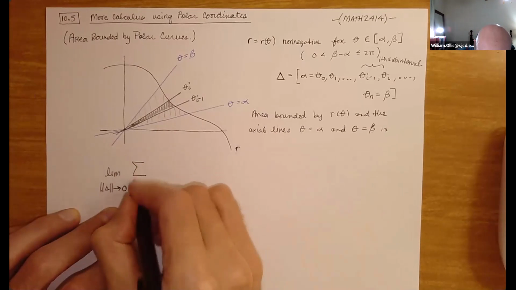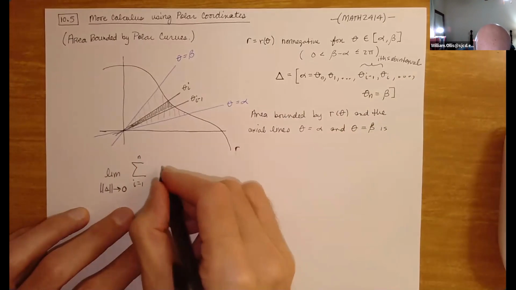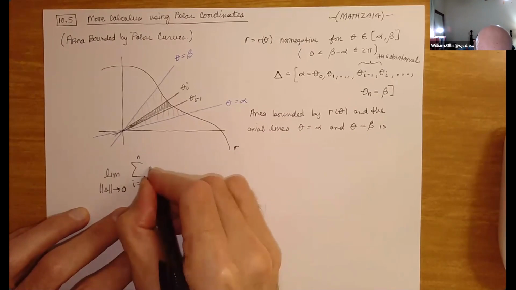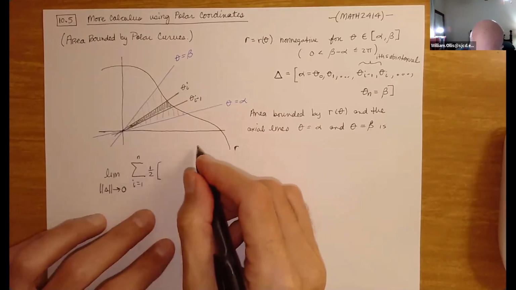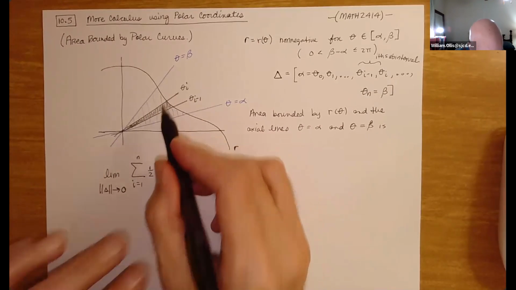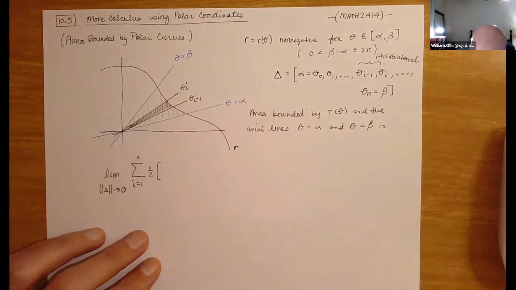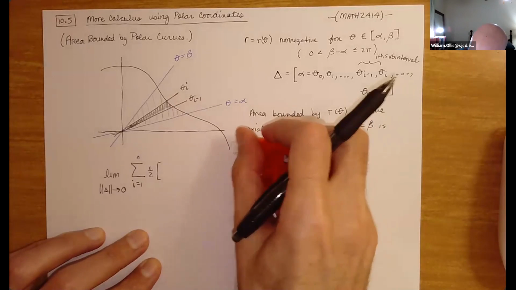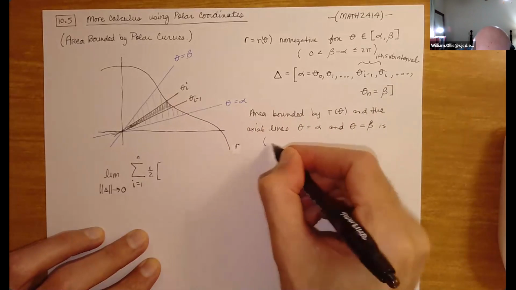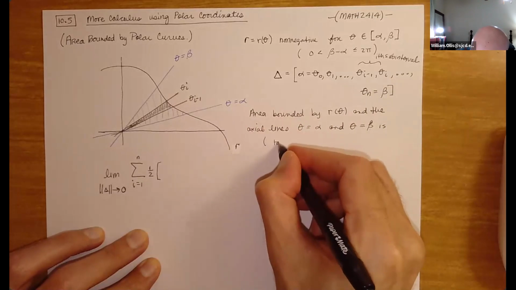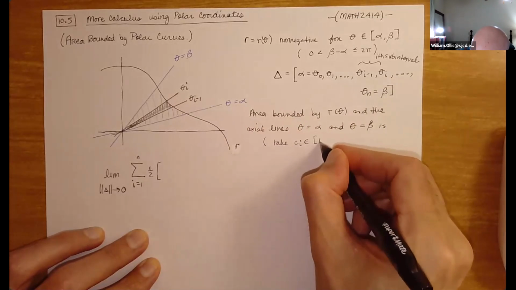So we have our sum, i equals 1 to n, from our partition. And then we've got 1/2 r squared. Now we usually want to use an element in the ith subinterval. So here, let me clean this up a little bit. I'll just say take c sub i in the ith subinterval.